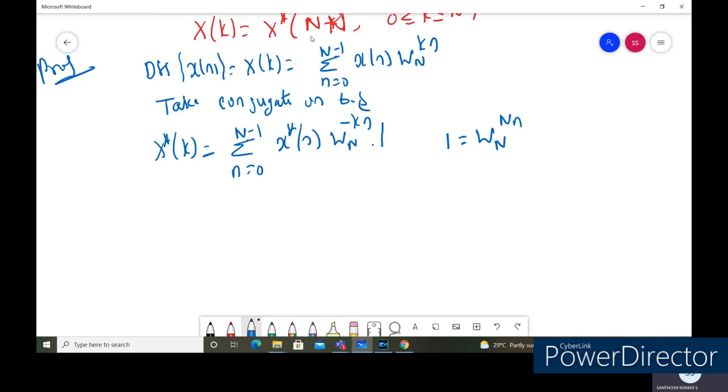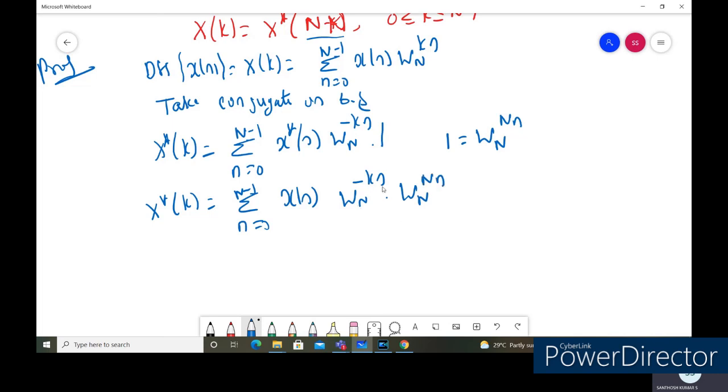Let us substitute this so that we can obtain N minus k. On the LHS we have X conjugate of k. On the RHS, summation n equal to 0 to N minus 1 of x of n, since x of n is a real sequence, into omega N to the power of minus kn into omega N to the power of N into n.